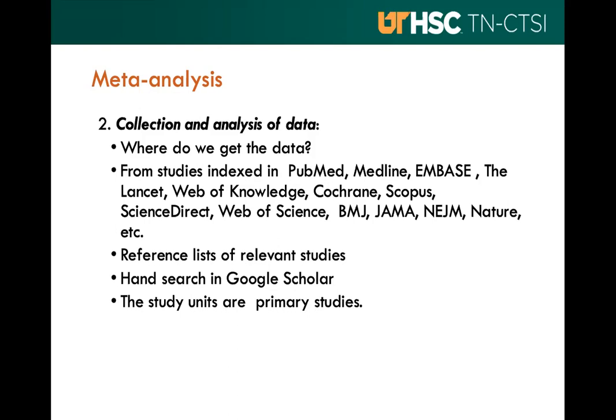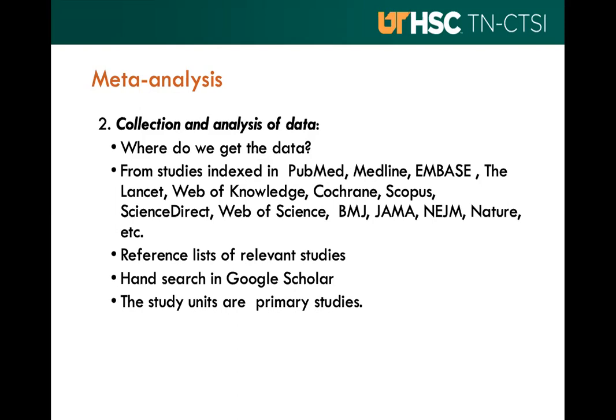There have to be original studies that have inconclusive or inconsistent results. And once we have multiple studies, we want to aggregate the data and give a unified result. Once we have done that, we collect and analyze the data. Collection and analysis of the data is another step of meta-analysis.